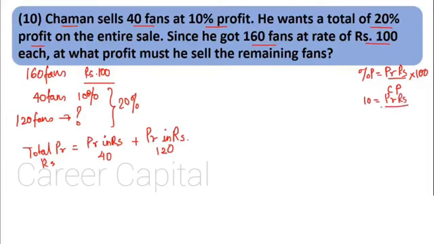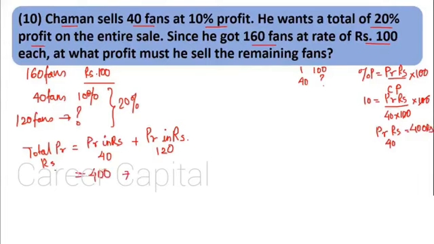One fan is 100 rupees, so 40 fans are 40 into 100, multiplied by 100. This gets cancelled. Then the profit in rupees for 40 fans would be 40 into 10, 400 rupees.